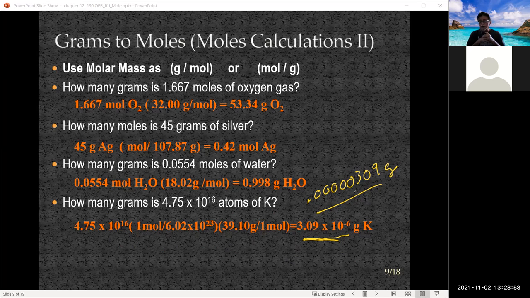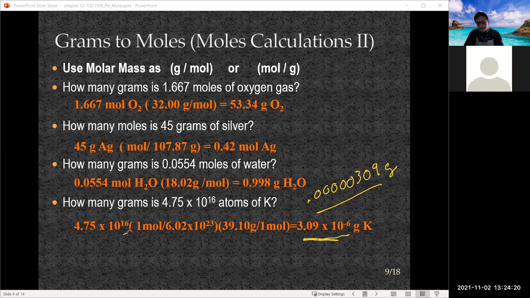Most balances in the labs couldn't weigh that with that accuracy. The best in a typical lab is about 4 decimal places. You can get balances that weigh more, but they're a lot more expensive. For us, it's probably 3 to 4 decimal places.